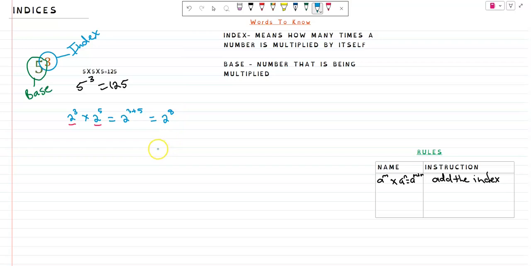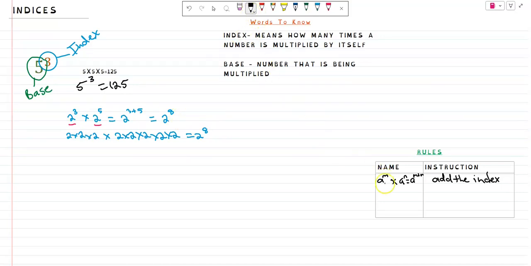And that is as easy as that. We don't have to do 2 times 2 times 2 times 2 times 2 times 2 times 2 times 2, and then count 1, 2, 3, 4, 5, 6, 7, 8. We don't have to do that. We can just do this simple equation.